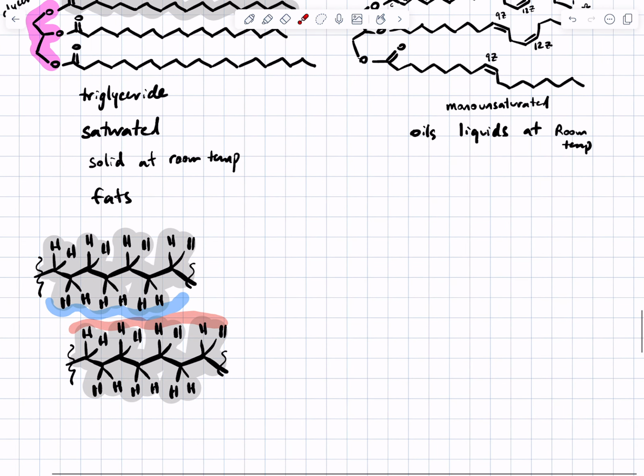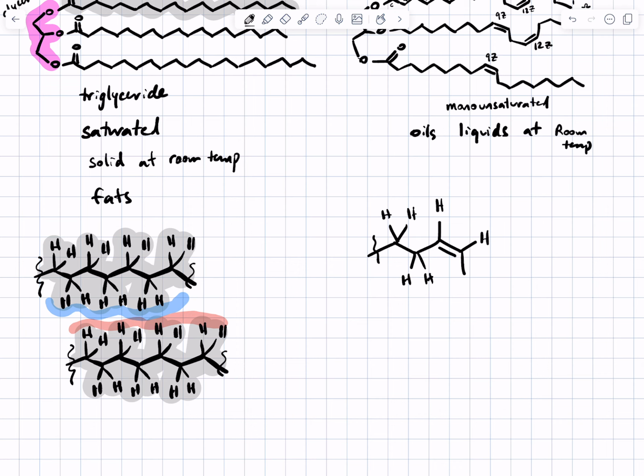Let's now see the effect of putting a cis double bond in one of these chains. We're just going to zoom in on the 9Z double bond in one of these unsaturated chains.